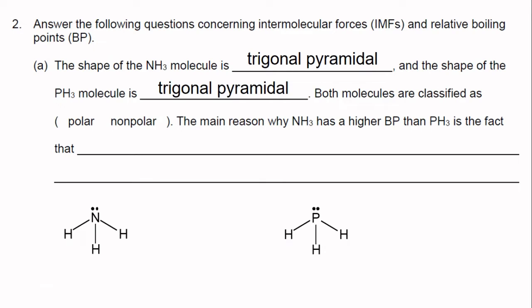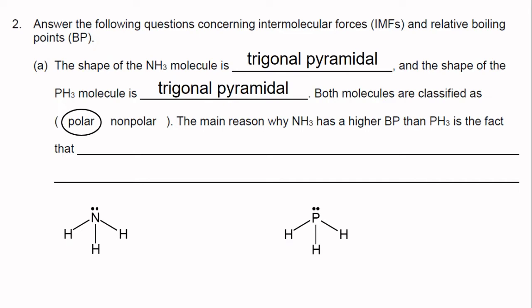They are both considered polar because of the asymmetry of the molecule in which the bond dipoles will not cancel each other out. But we have to consider why NH3 has a higher boiling point than PH3. We can't talk about the size of the electron cloud because PH3 would have a larger electron cloud.